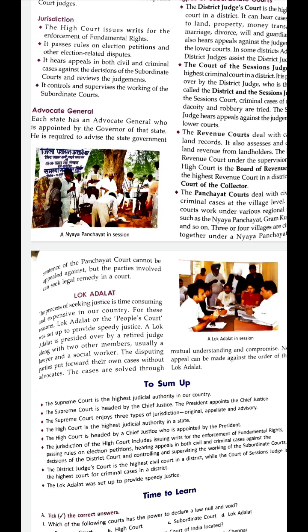So how is the case solved? The disputing parties put forward their own case without an advocate. The case is solved through mutual understanding and compromise. Clear? If there is a dispute between two parties, A and B, both are brought together and both have a bilateral talk. Both of them will discuss their matter.